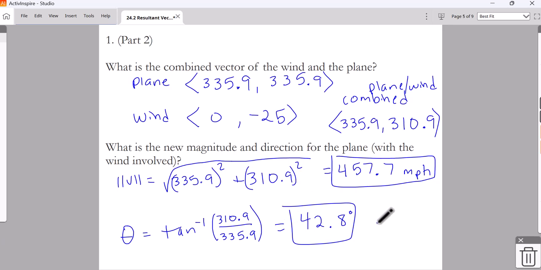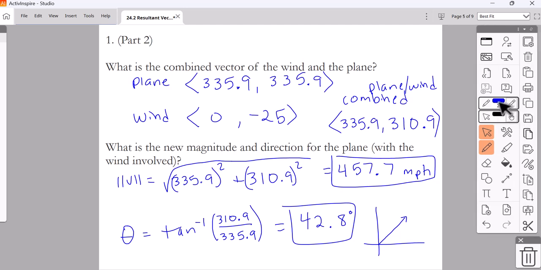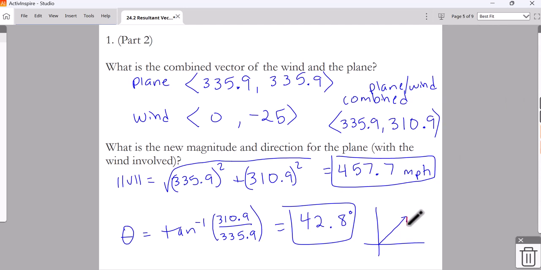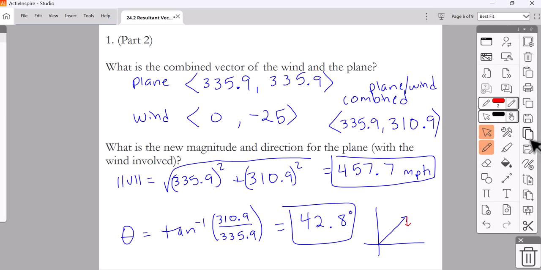Yesterday we drew that picture. This one was the plane, and this is the wind.